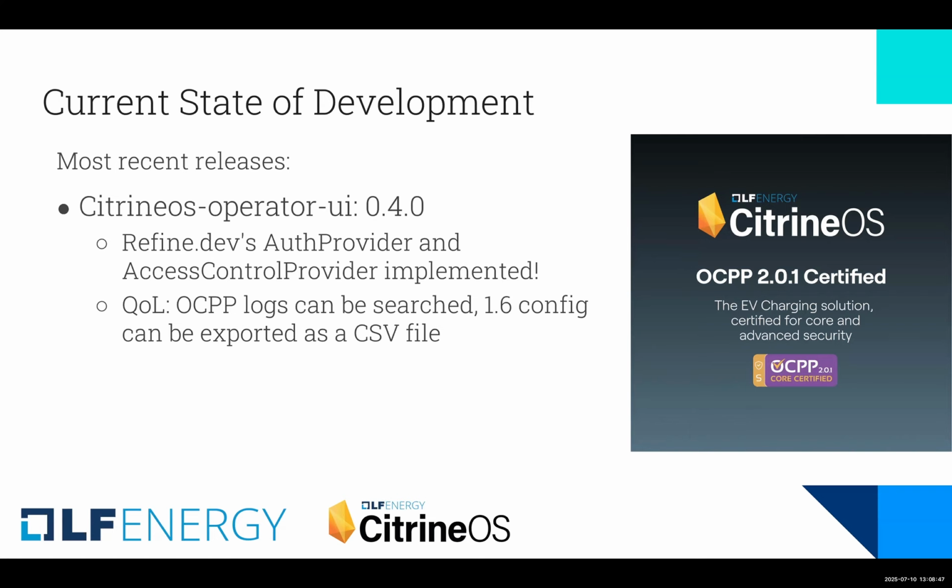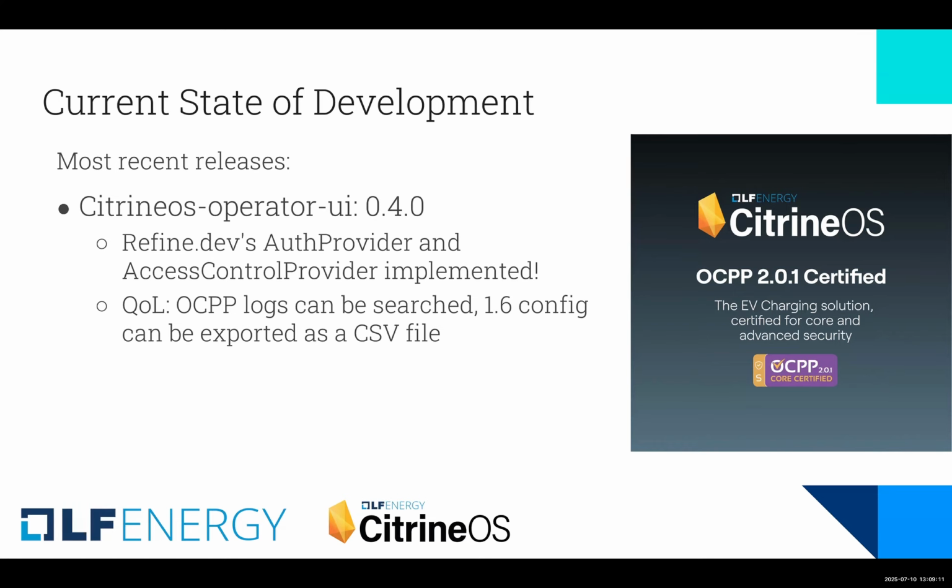This newest release adds support for the auth provider and access control provider interfaces provided by refine.dev. Refine.dev is another open source project that we've used to construct this user interface. And these interfaces allow it to have access management and user management, meaning that now the product is more secure.